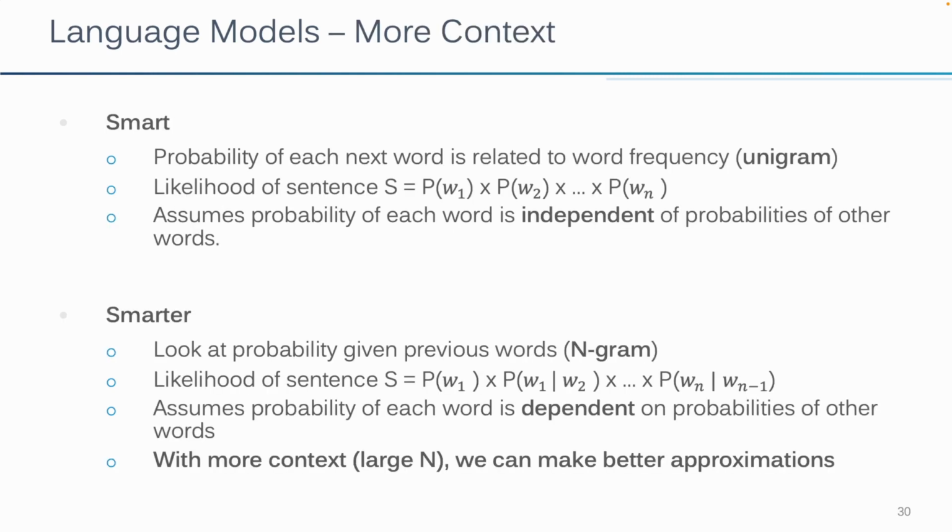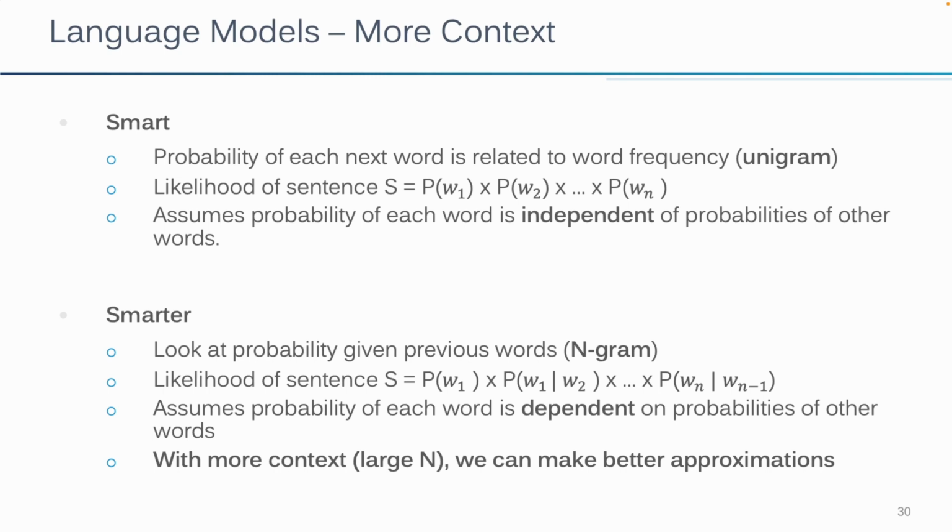One of the concepts that is very common in language models is how much we should look back in time. So basically, the more context you have, the better. The more of the previous words you have, the better. And the more combinations of previous words you look at, the better.